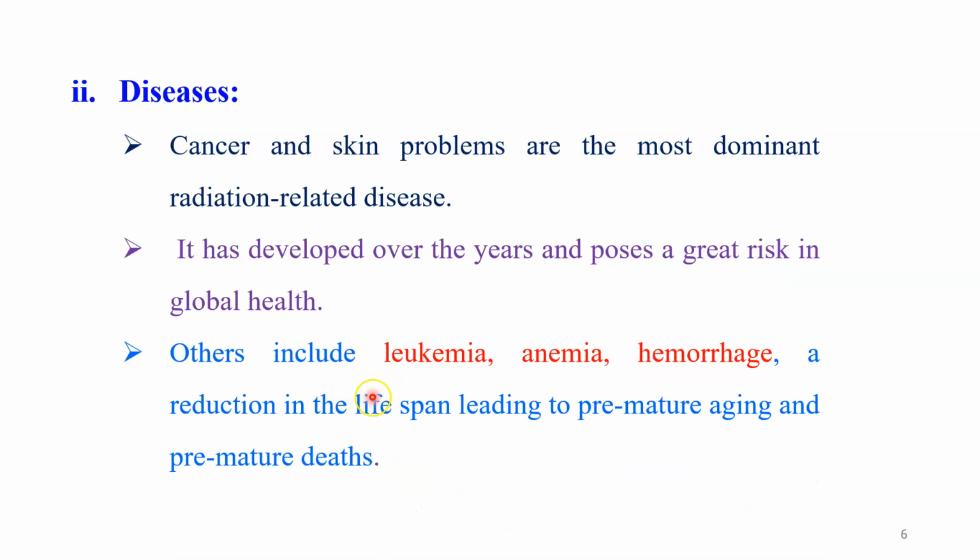The others include leukemia, anemia, and hemorrhage, a reduction in lifespan leading to premature aging and premature death. This was about the diseases that are side effects of nuclear pollution.